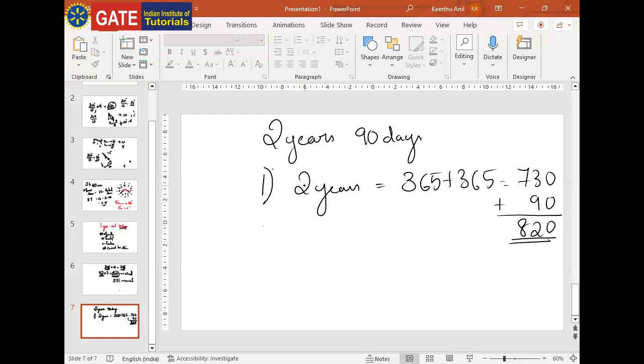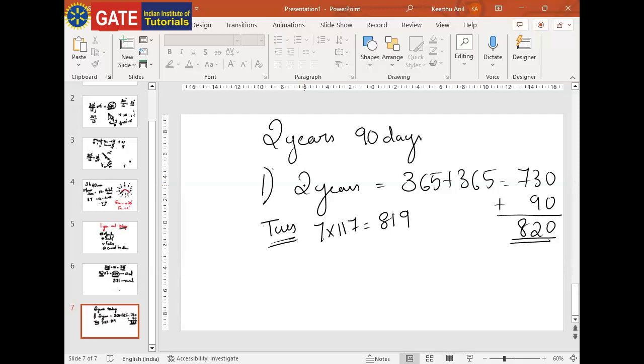Okay. So from today, we need to count 820 days. Today is Tuesday. So from this Tuesday, you have to count 820 days. Now let me know what is the number less than 820 which is divisible by 7. 819 is divisible by 7. 7 into what is 819? 117.